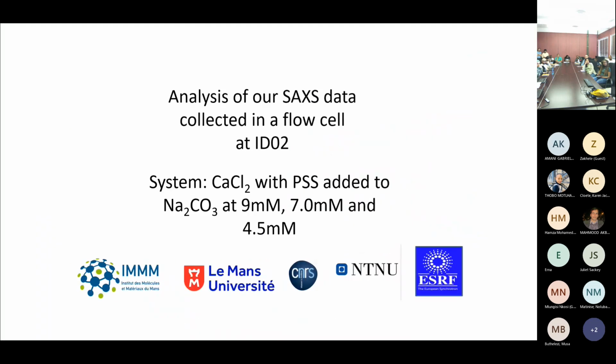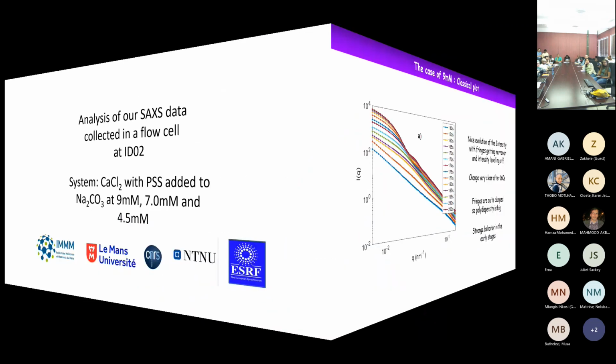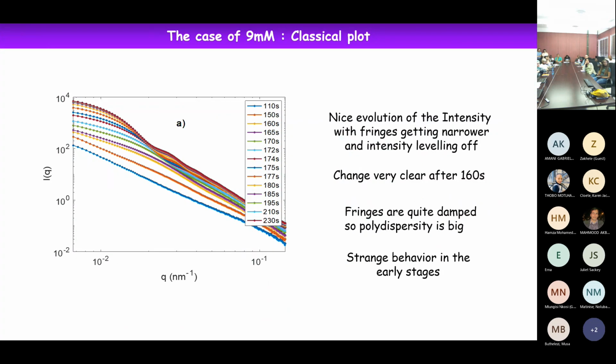So what are we going to observe when we do our experiment? Something like this, as a function of the time of reaction. At the beginning you see a slope like this, but after a certain time you begin to see a saturation of the curve and some oscillations which are faint.